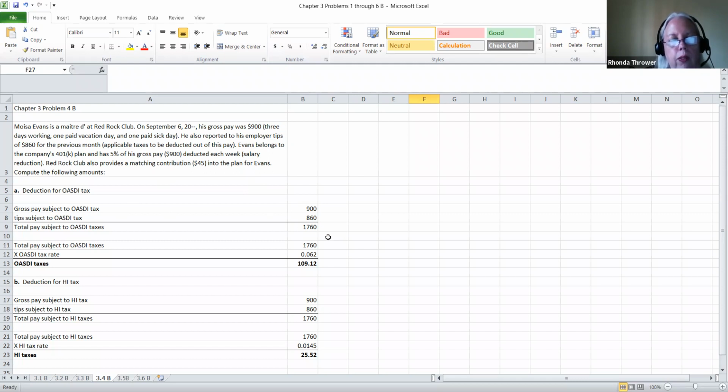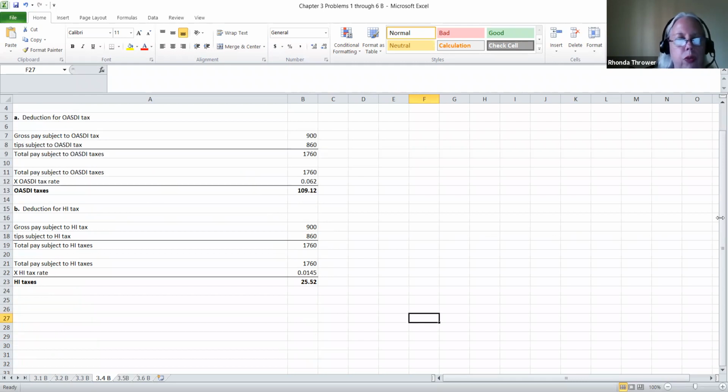The total pay that's subject to OASDI is $1,760. We're going to multiply that by 6.2%, and that will give you $109.12. That's what we would deduct from his paycheck.